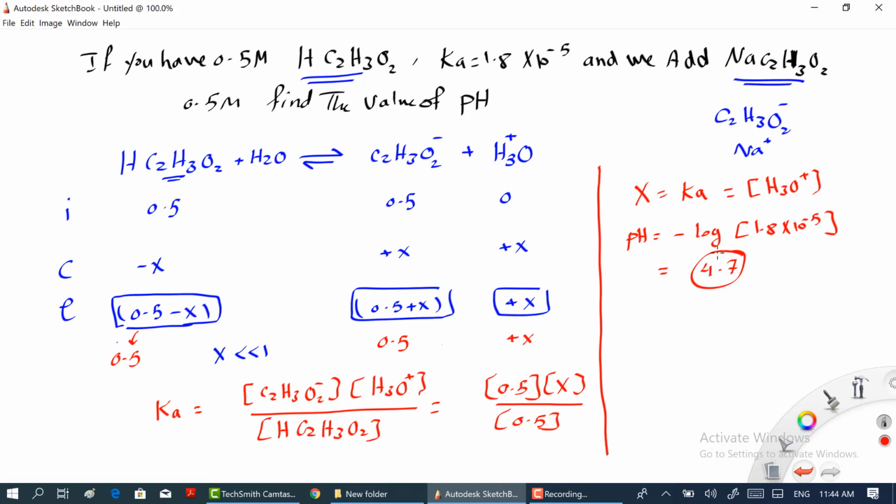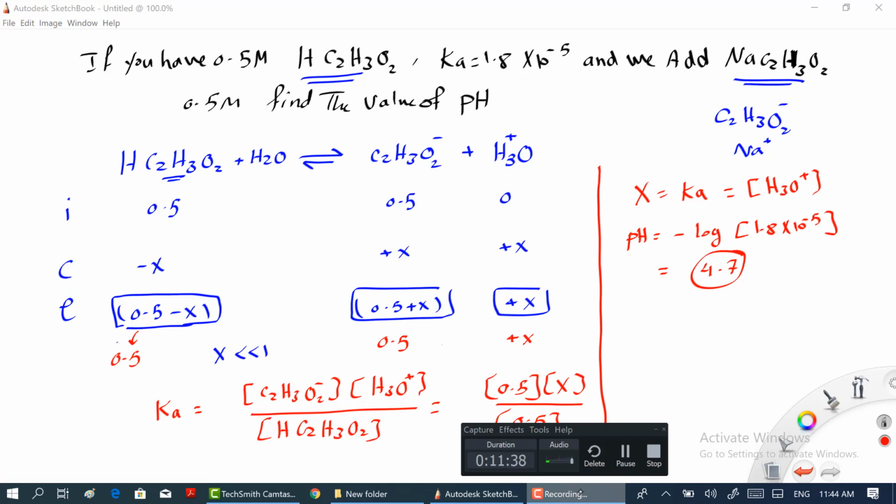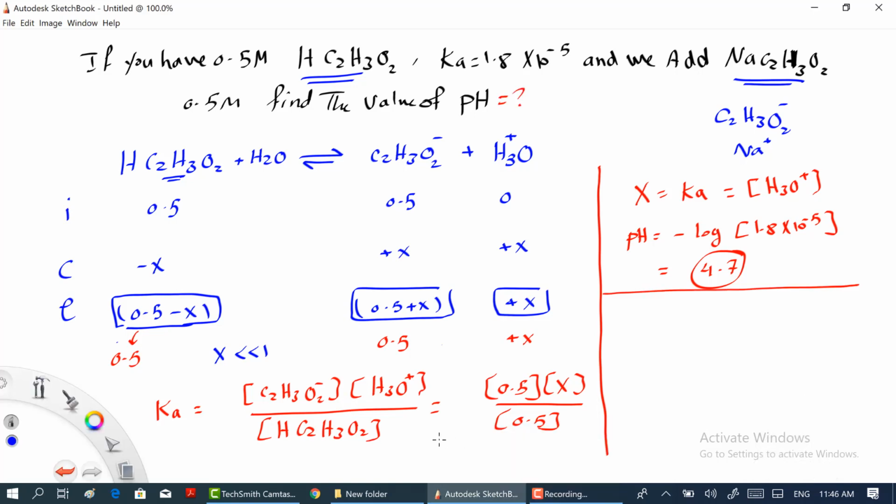Now we are going to make the same steps with NaC2H3O2. I'm giving you 5 minutes to calculate this way for the sodium salt. Okay? Start.